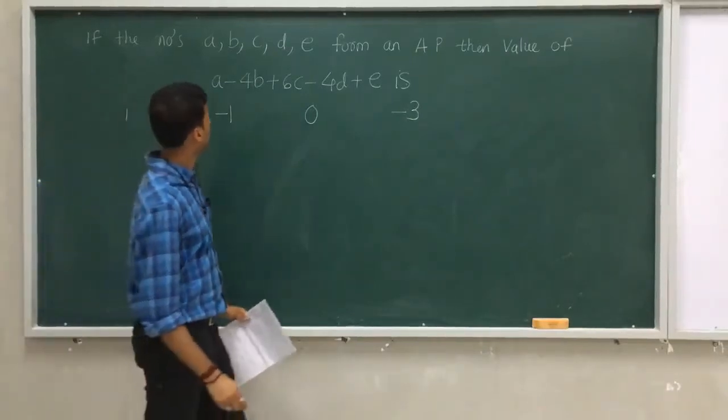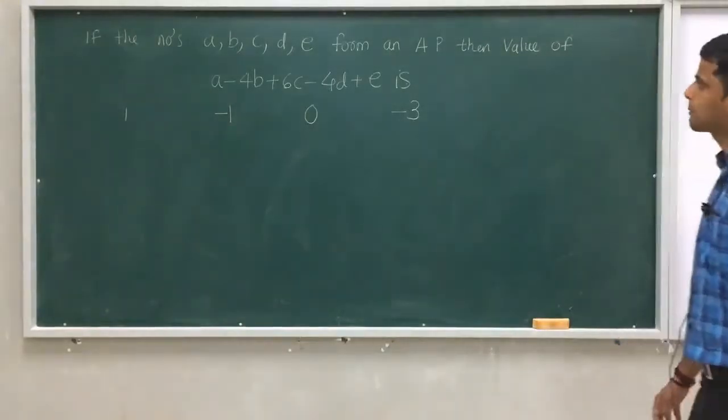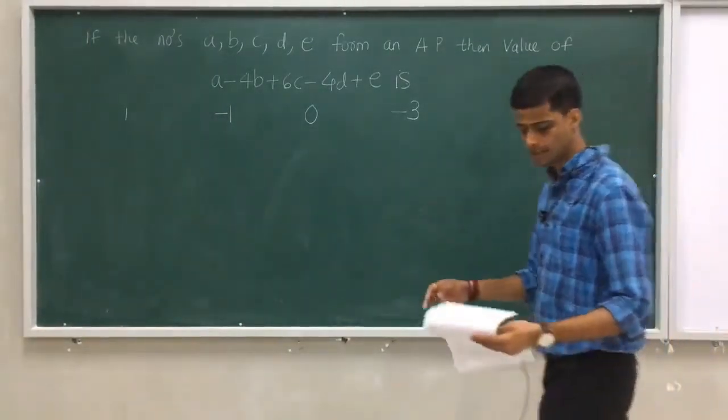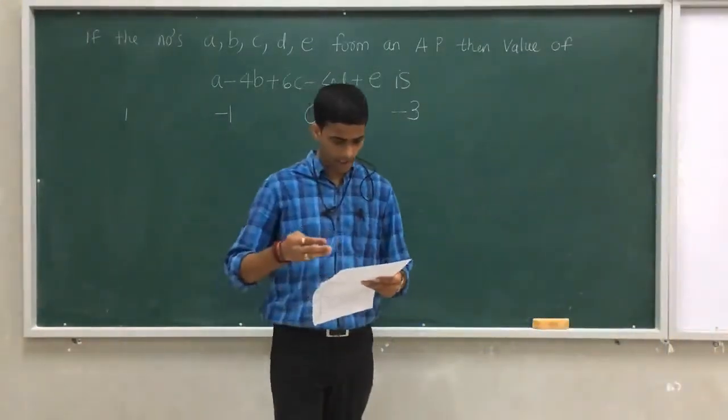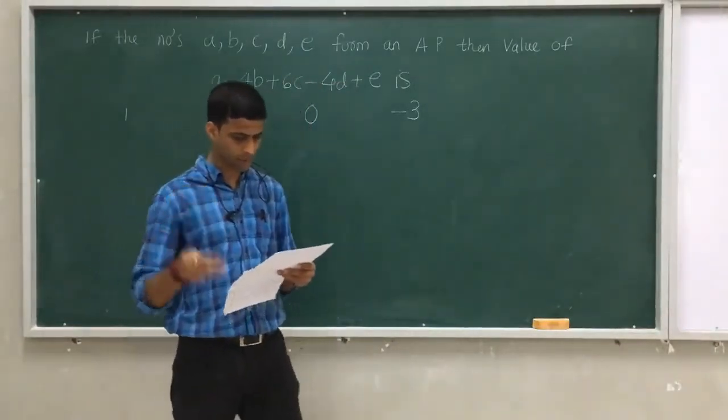They told me that these are in AP. How will we manage with A minus 4B plus 6C minus 4D plus E?